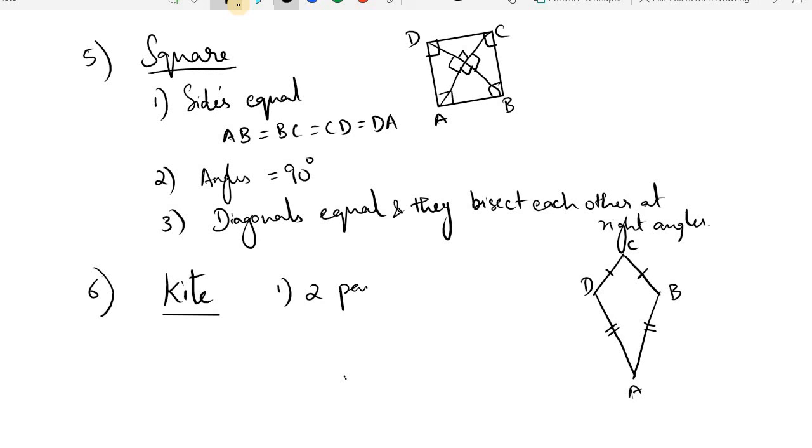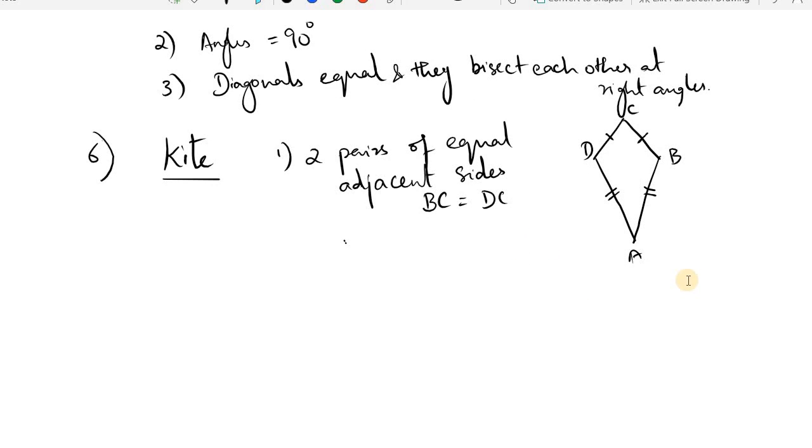It is not opposite sides, it is adjacent sides. Adjacent sides means next to each other. So CD and BC, they are adjacent. AD, AB, they are adjacent. So BC equals DC and AD equals AB. So two pairs of equal adjacent sides.